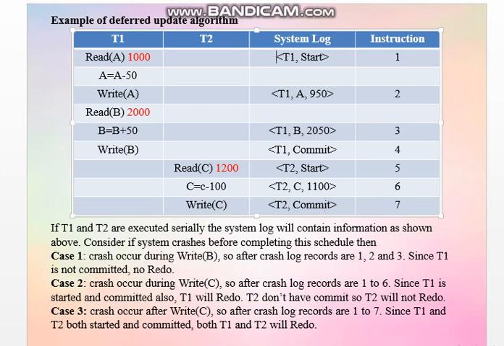See here, the entries T1 start and T1 commit are there. So if the system crashes at this particular state, for T1 we need to perform the redo operation. Why? Because we want these effects to be permanently stored on the secondary device. But for the T2 transaction, because it does not have a T2 commit entry, the system crashes here itself, so for T2 we need not do anything.